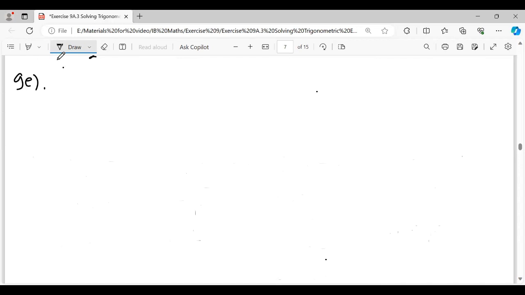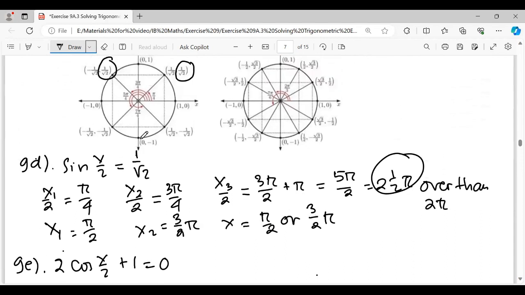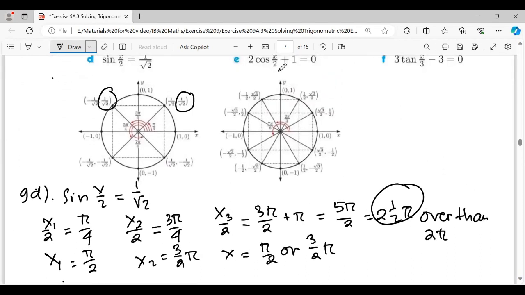9E, 2 cosine x over 2 plus 1 equals 0. 2 cosine x over 2 equals minus 1. So cosine x over 2 equals minus half.